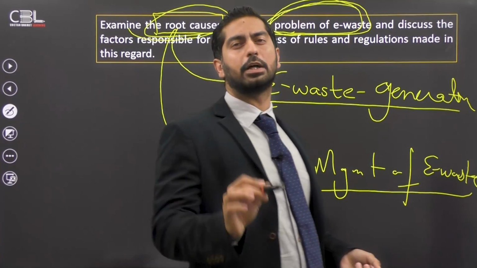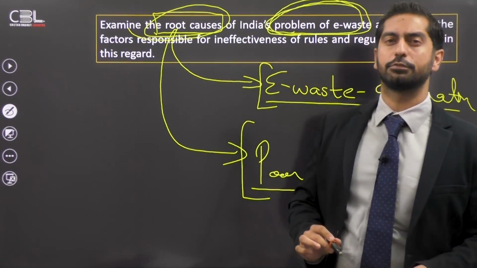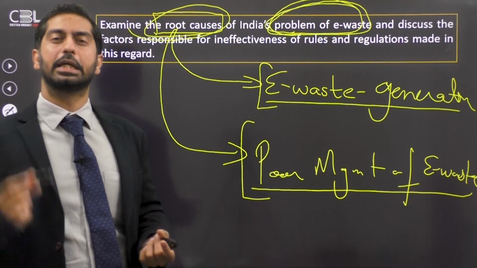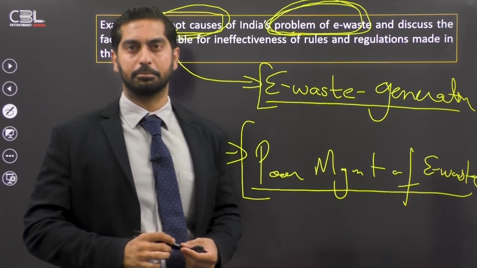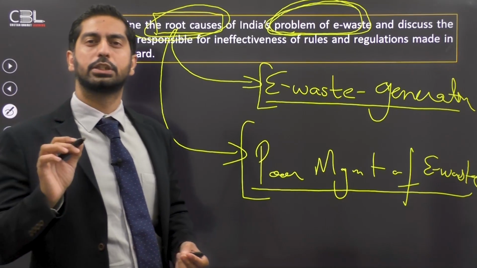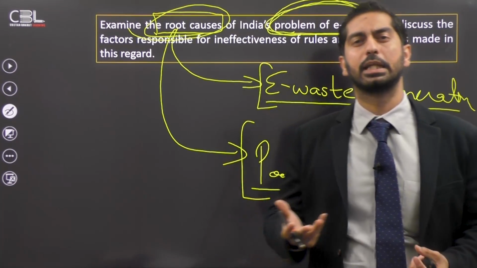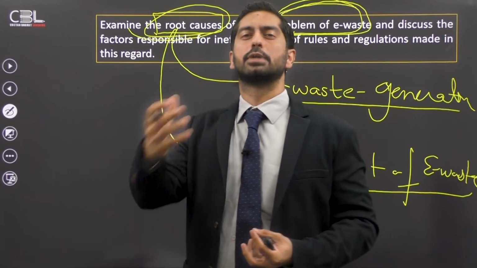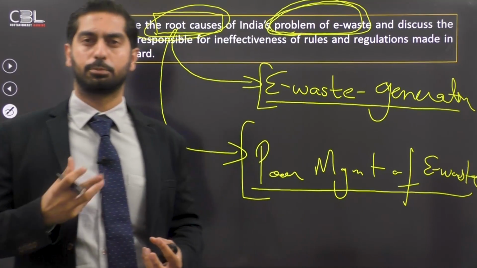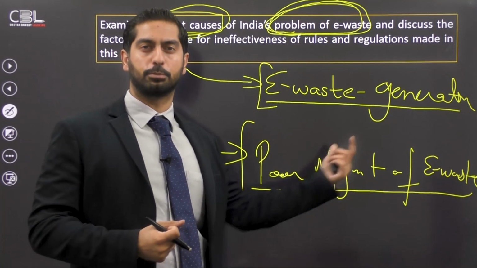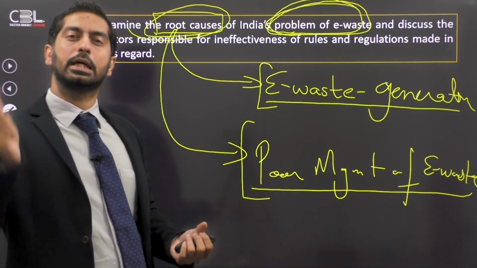More than 90%, almost 95%, of the e-waste that is disposed or managed in India is handled in the informal sector, which produces problems like the inability to regulate those small scale units. So the dominance of the informal sector is one reason.